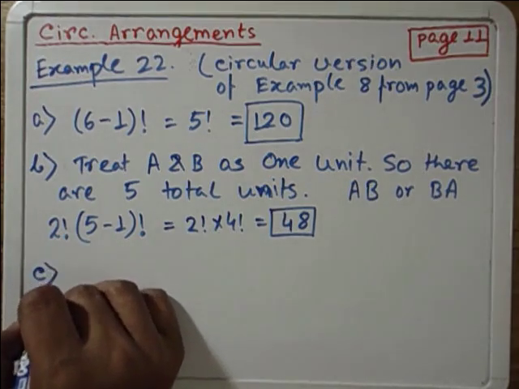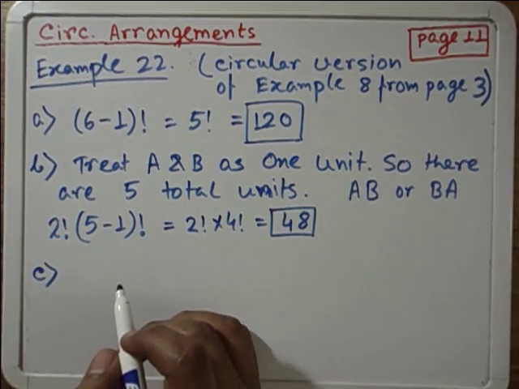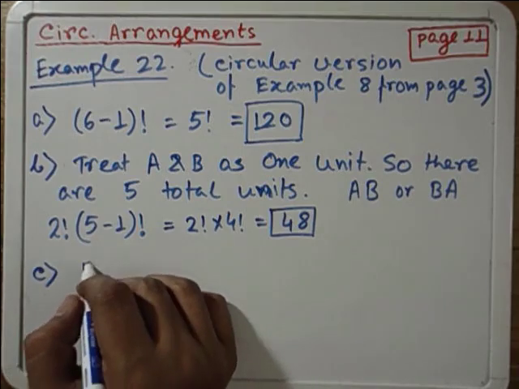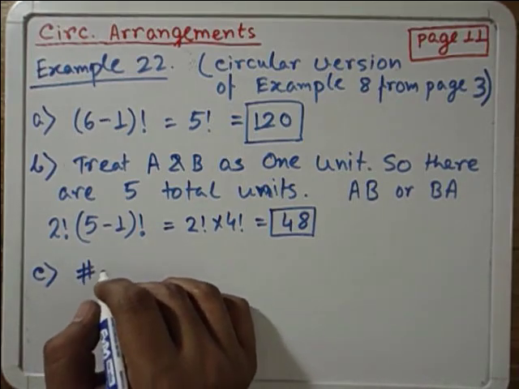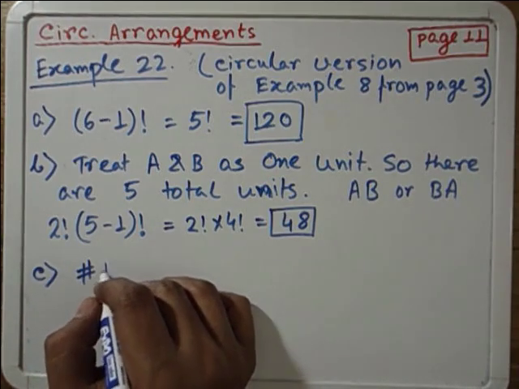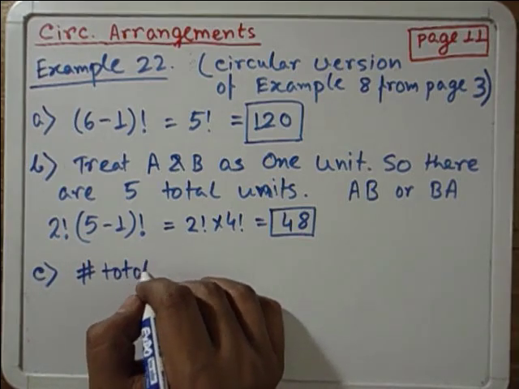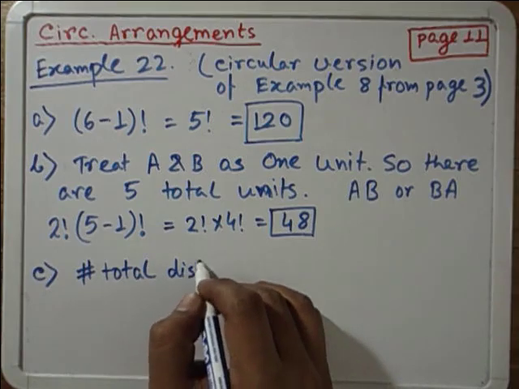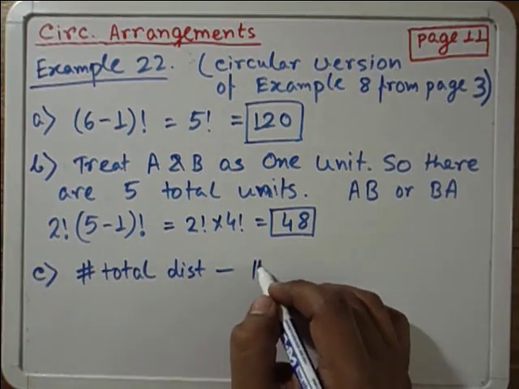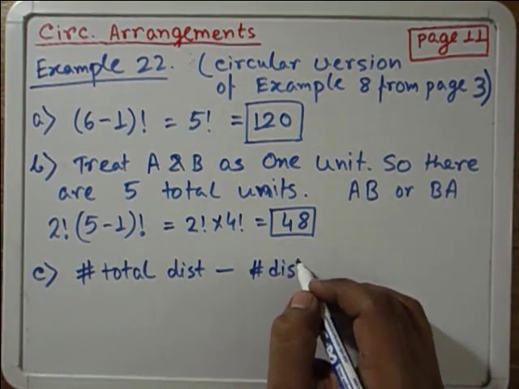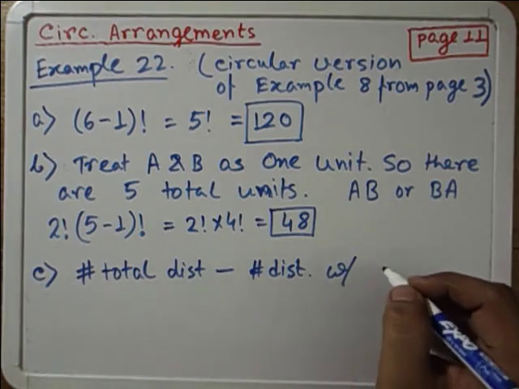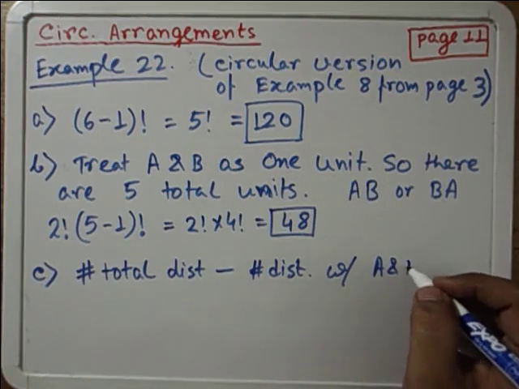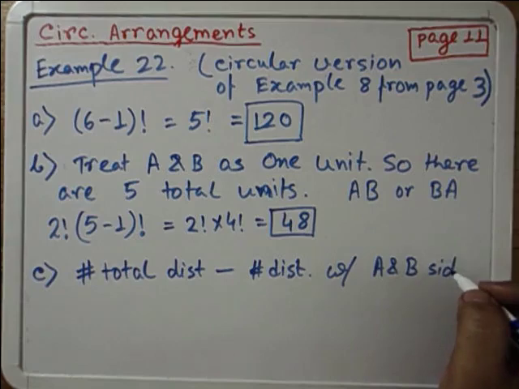Part C. Alice and Bob are not side by side, so we are going to use the complement method. Total number of distributions minus distributions with Alice and Bob side by side.